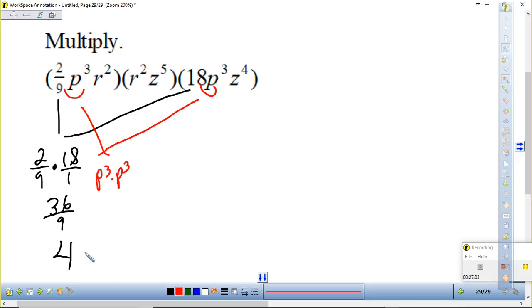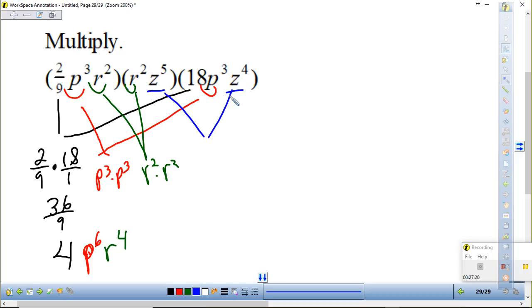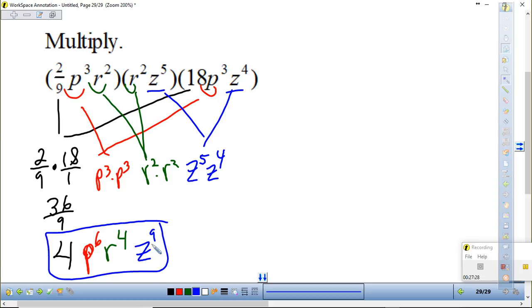That becomes p to the 6th. R squared times r squared. That becomes r to the 4th. And lastly, we got z to the 5th times z to the 4th, and that becomes z to the 9th. Hands if you got that. Okay, good. Yeah? Let's go to number 13.